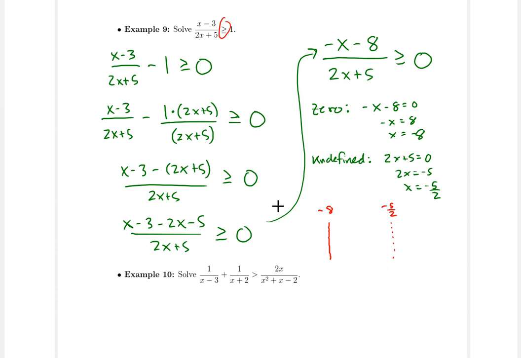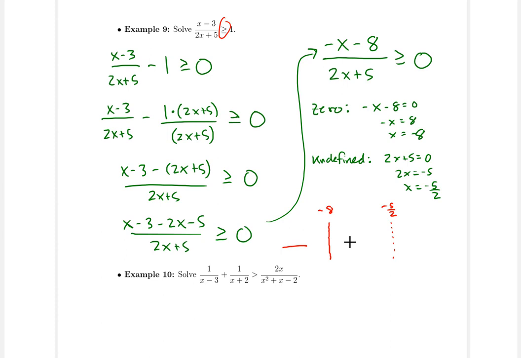All right. Now we've done this sign chart of plugging things in many, many times, right? So what I want to do here is just kind of cut to the chase. So after plugging in a value to the left here, this should be negative.